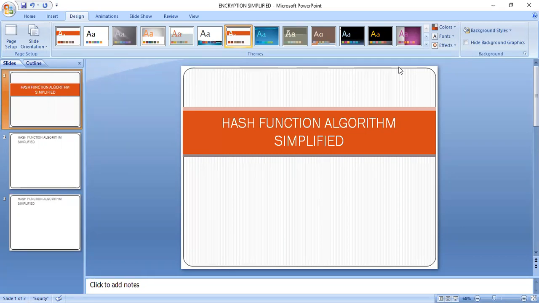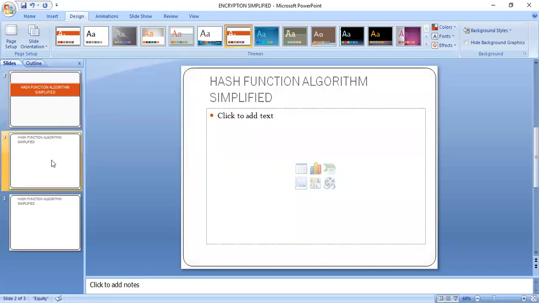It is the third type of encryption I want to be speaking specifically upon today, which is hash function algorithm. Hash function algorithm basically is used to ensure the integrity objective.